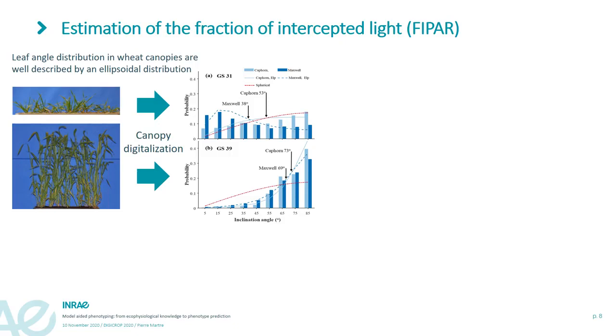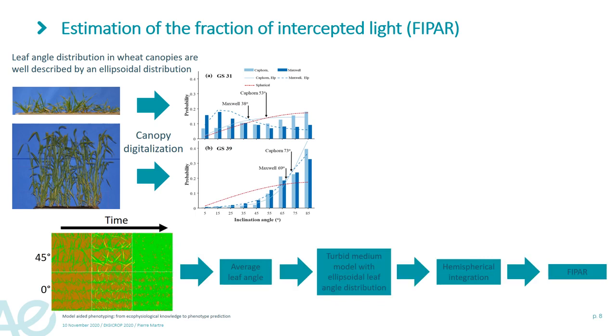And we found that the leaf angle distribution of these different canopies can be accurately represented with an ellipsoidal model. A key parameter of this model is the average leaf angle, which can be estimated from D3P using imagery at 0 and 45 degrees.